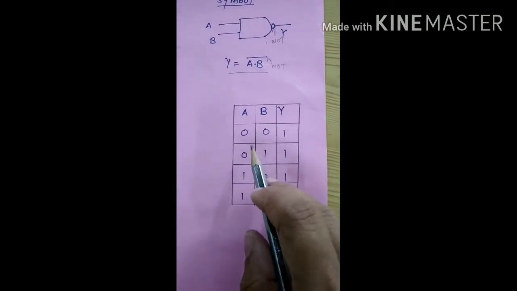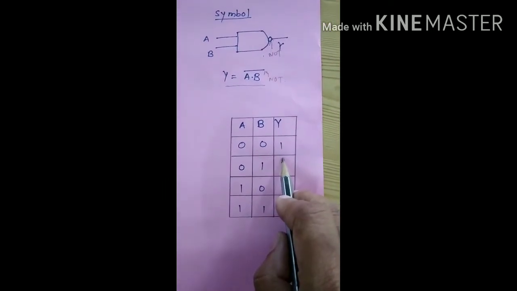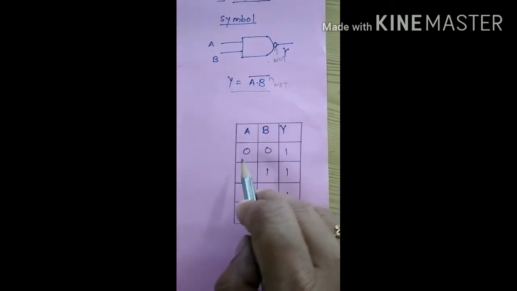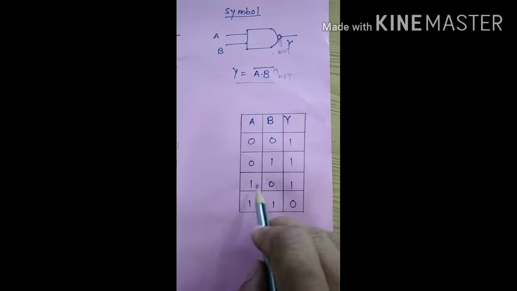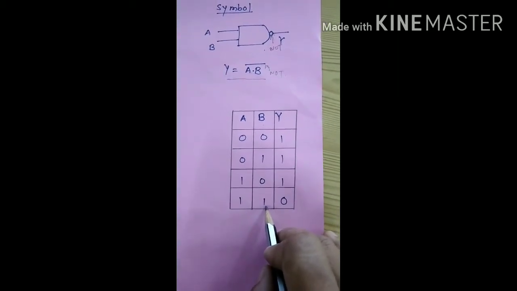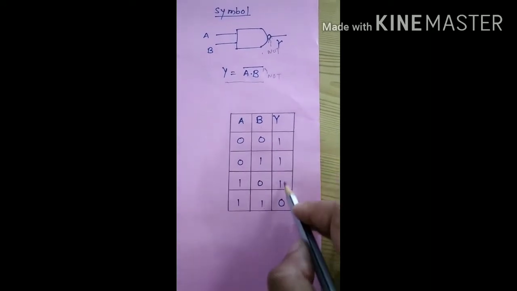Now let us see the truth table of NAND gate. Two inputs we are considering. So 0 0, 0 1, 1 0, 1 1 are the 4 possible combinations and this is the y output. So how do we get this y output?